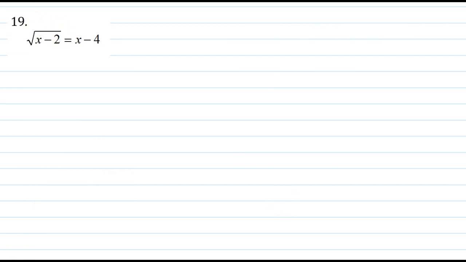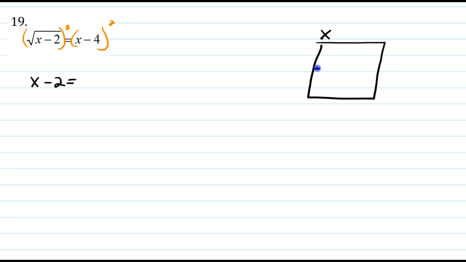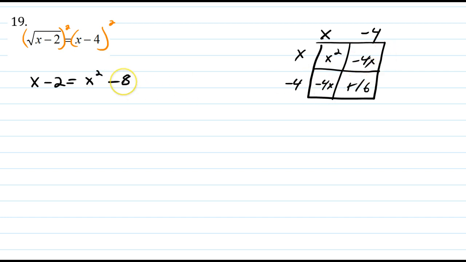Okay, so we have the radical already isolated, so that means we can square both sides to get rid of it. So I have x minus 2 is equal to, again, if you need to, you can use the box method to do x minus 4 times x minus 4. And so that would give you x squared, combine your like terms, minus 8x plus 16.